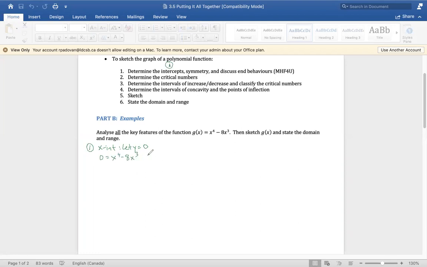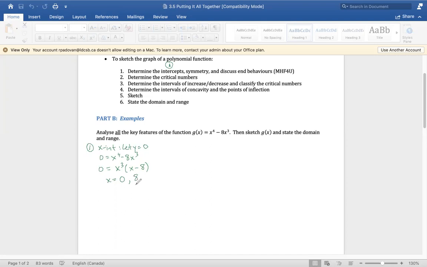And then in order to solve for x, I'm going to factor, which is what we've done all throughout. I have an x cubed that's common, which would leave me with x minus 8. So therefore my x values would be x cubed equals 0, so x would equal 0, and x minus 8 equals 0, so x equals 8.